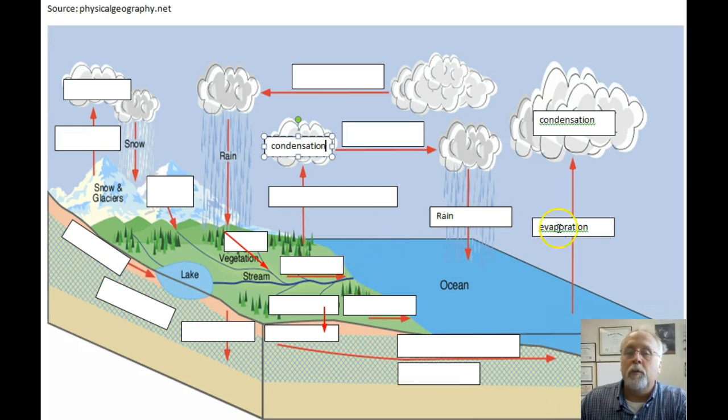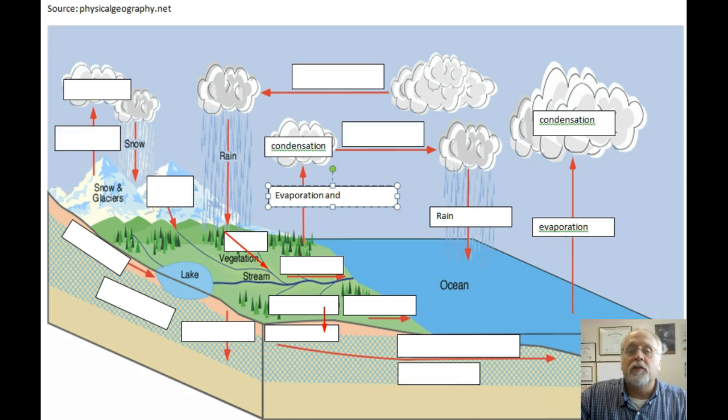Now, when we have evaporation from the ocean, from vegetated land, the trees and grass and stuff here, we can have evaporation. And then also the plants sending their moisture up into the air is transpiration.